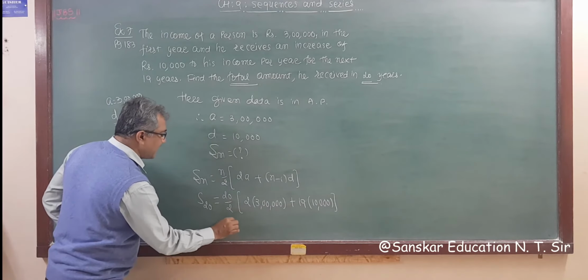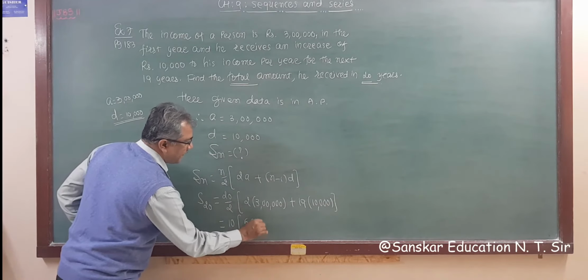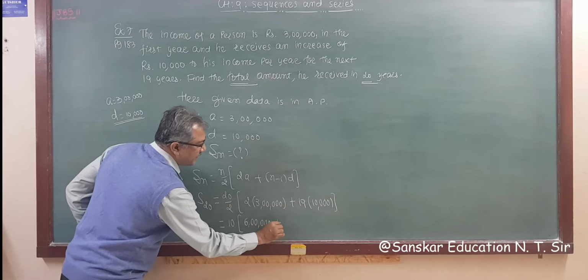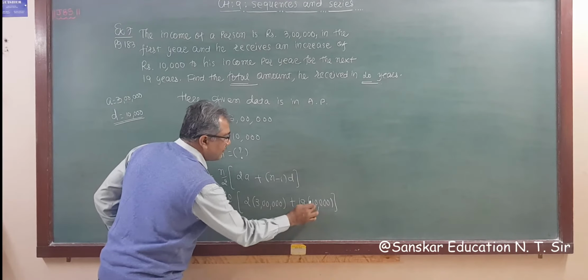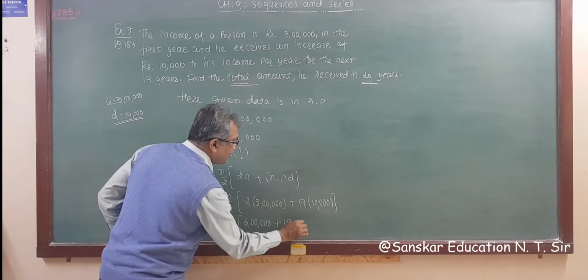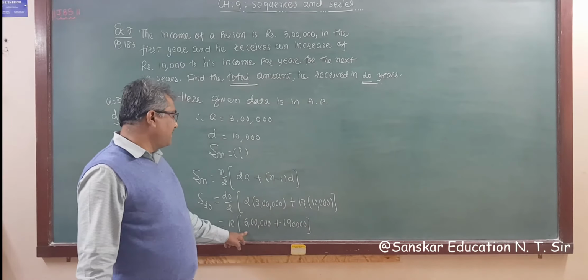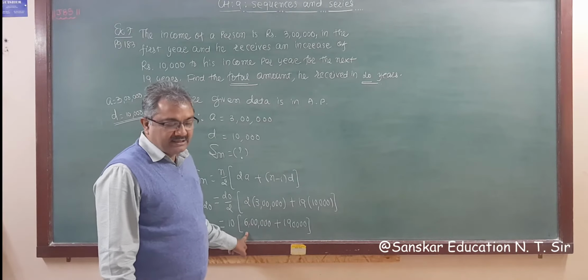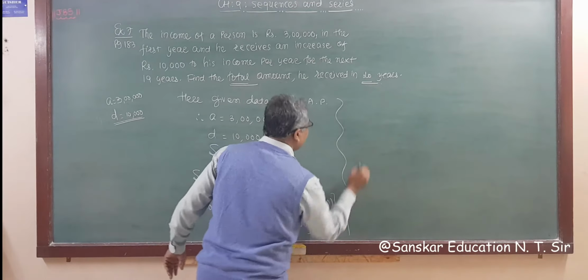So this is 10 into 6 lakh rupees plus this is 19, 1, 2, 3, 0. So sum of this is 7 lakh 90,000 rupees.